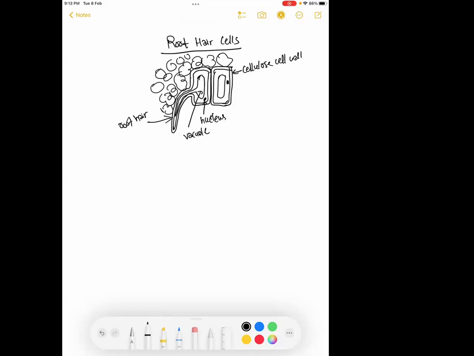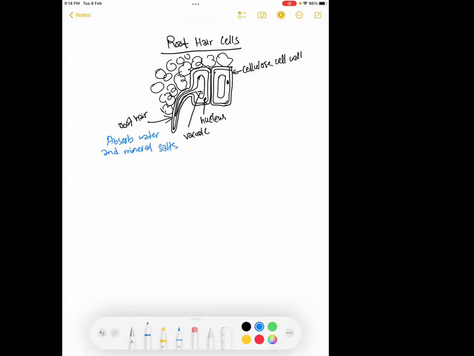Now root hair cells, these are cells basically which extend into the soil to absorb water and mineral salts. So their functioning হচ্ছে, I'm just going to write it here: to absorb water and mineral salts.